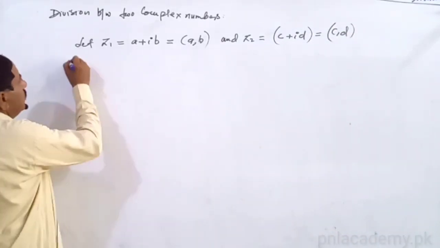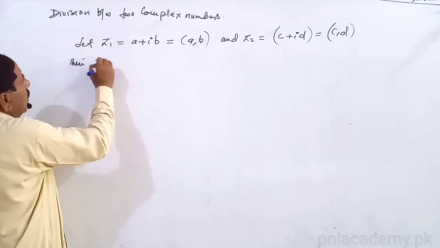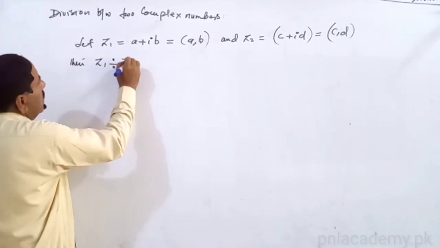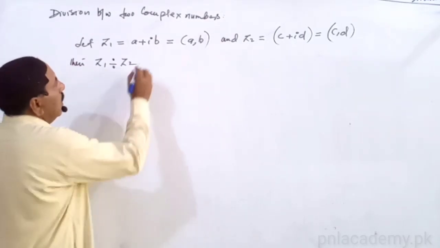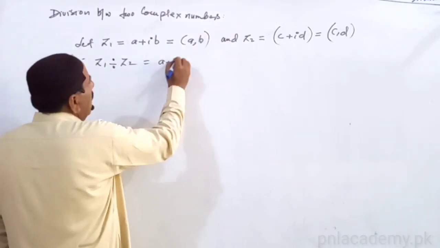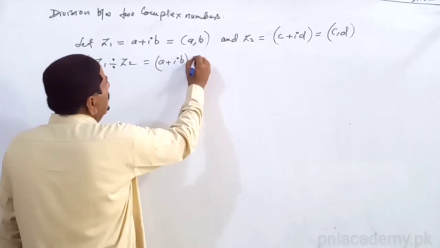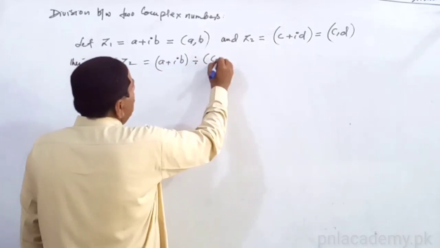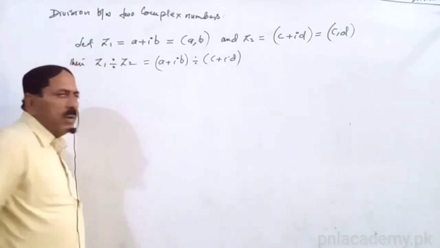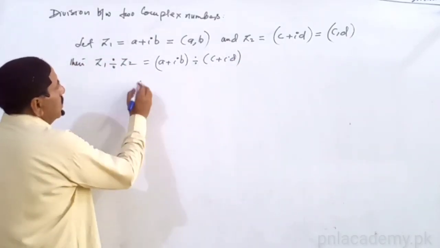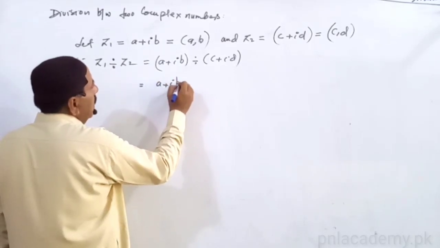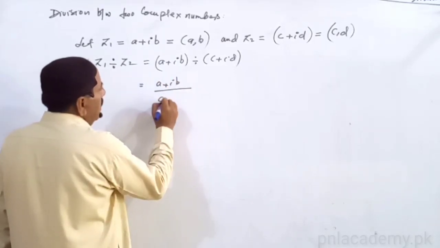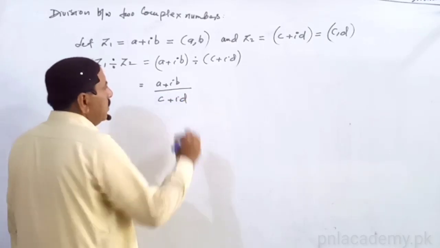Then Z1 divided by Z2, the division of complex numbers, is equal to A plus iota B divided by C plus iota D. So this will be A plus iota B upon C plus iota D.